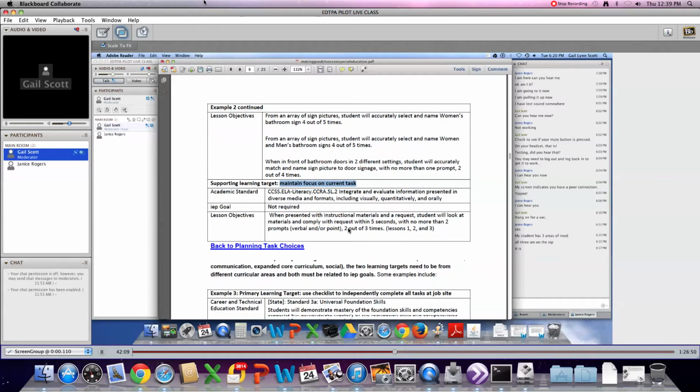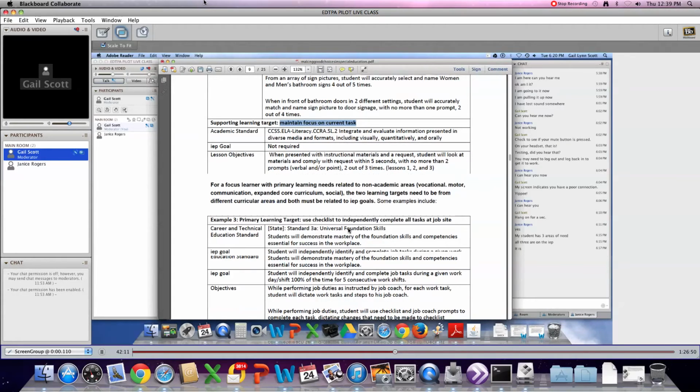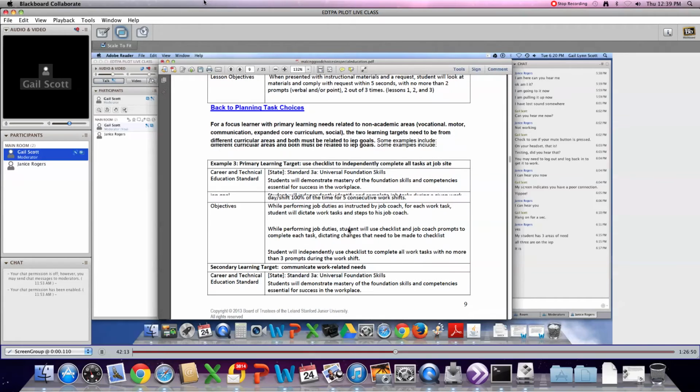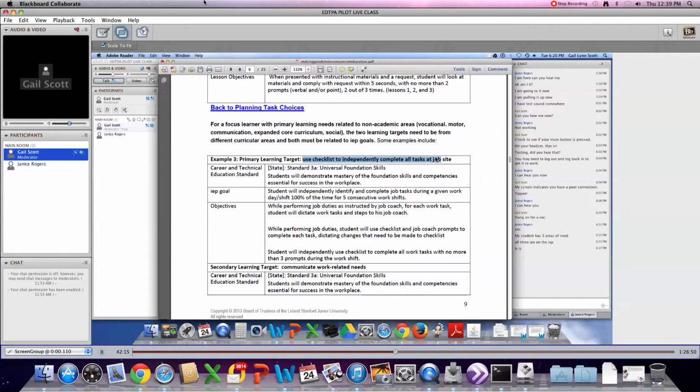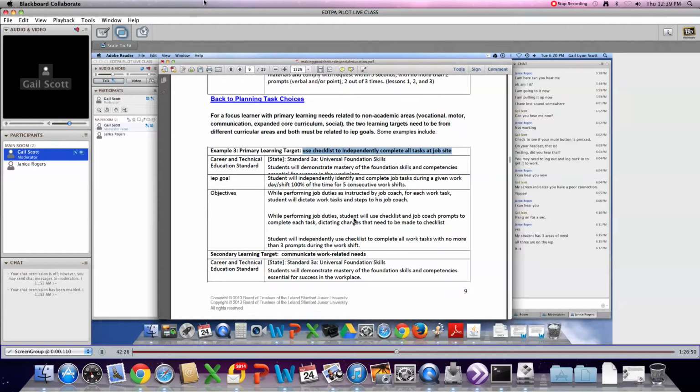I love the examples. They really spell it out for you. So here's use checklists to independently complete all tasks at a job site. So this is more of a high school, an older high school student in a transition setting.